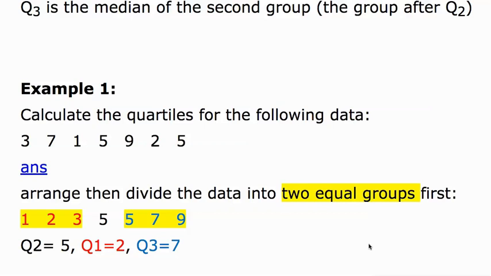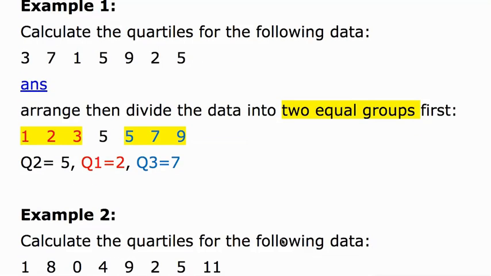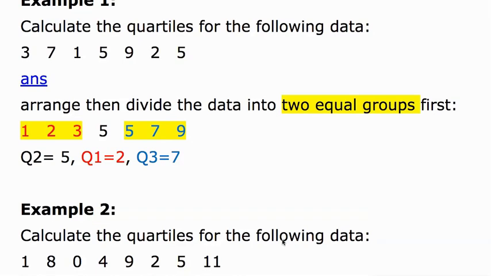Let us see another example, especially when the data size is an even number. In this case, I want to calculate the quartiles for this data, and here I have 1, 2, 3, 4, 5, 6, 7, 8, 9, 10, 11... in total, 8 values. That's an even number. When you do the first step, which is dividing the data into two groups, of course after arranging, you notice that you have 4 values in every group.